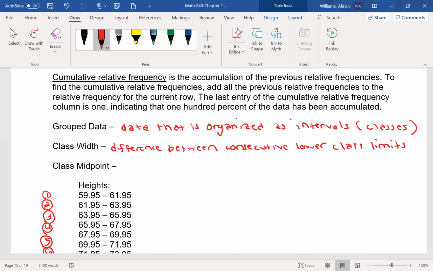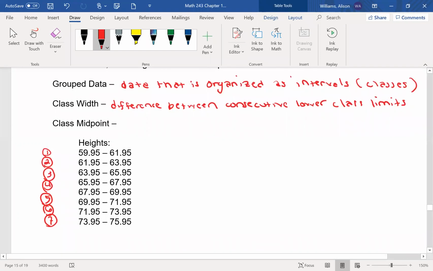So before I make sense of that, a class limit is referring to the interval numbers. The lower interval of the numbers, these are all the lower class limits. And these are all the upper class limits.